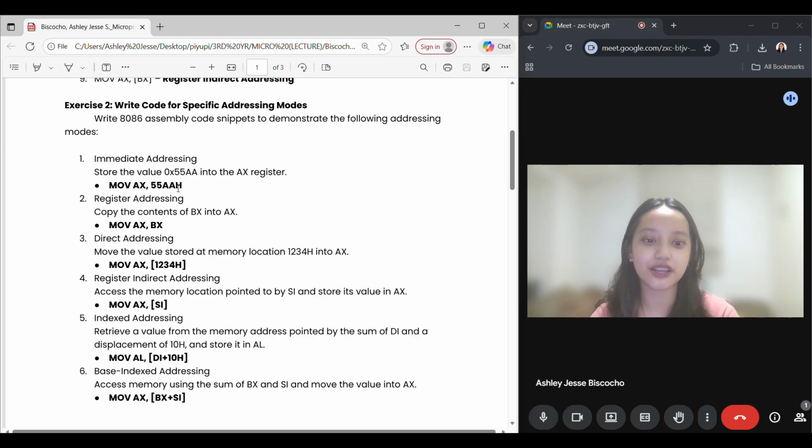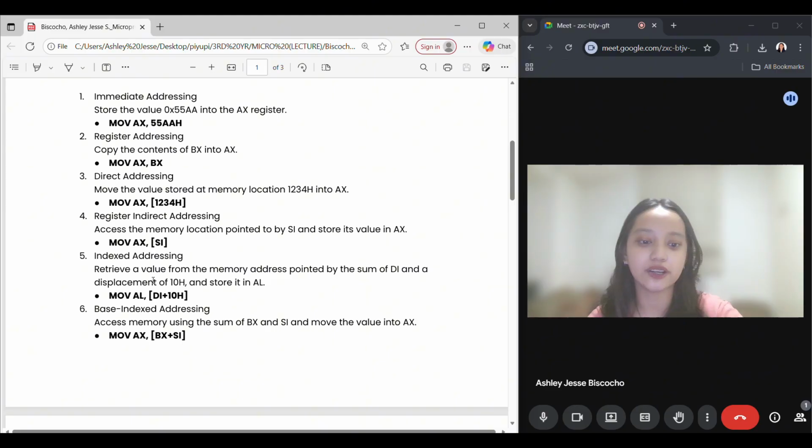For register addressing, MOV AX, BX simply copies data between registers. Direct addressing is shown by MOV AX, [1234H], which retrieves data from a specific memory location.